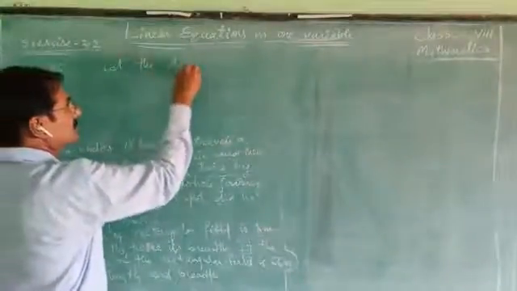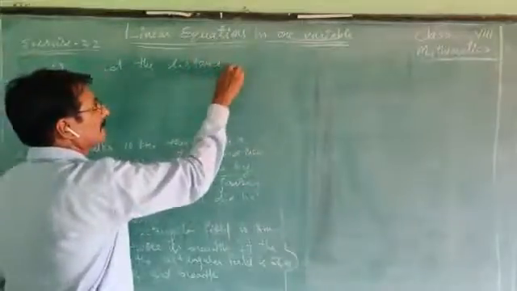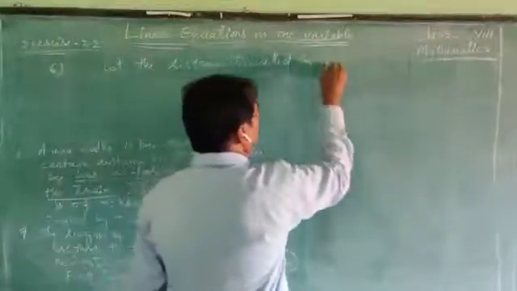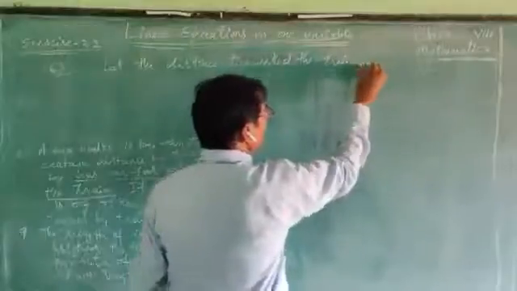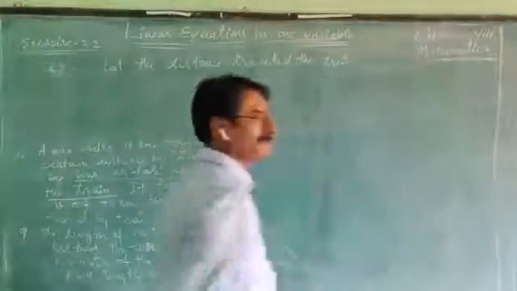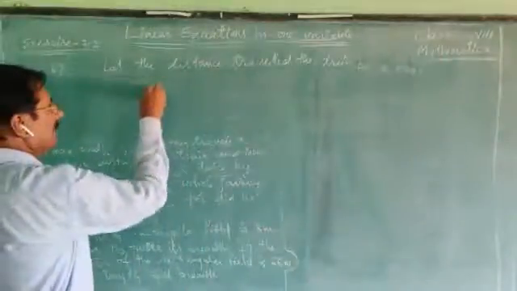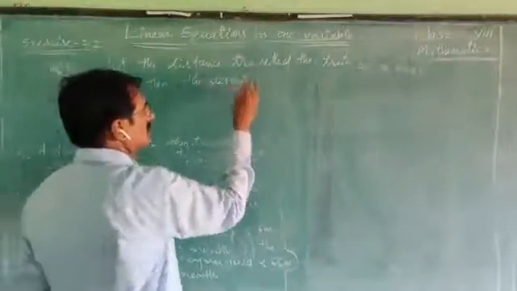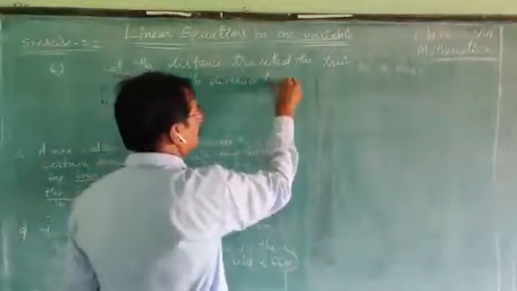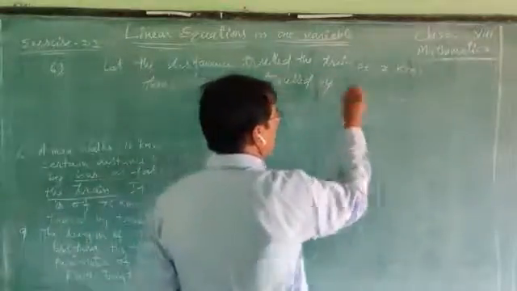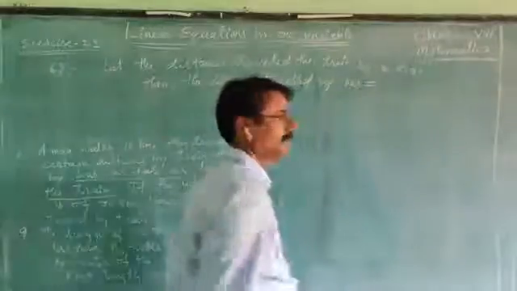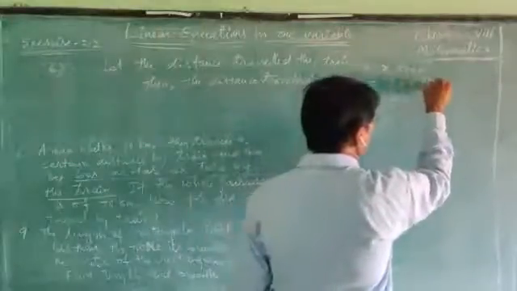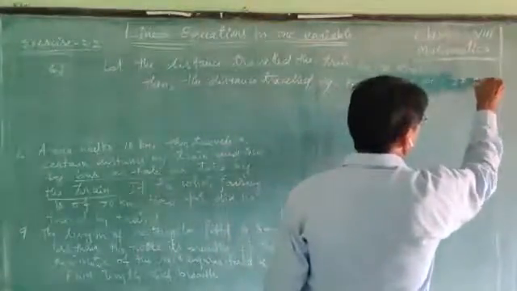The distance traveled by bus equals 2 times the distance traveled by train. 2 into x kilometers equals 2x kilometers.